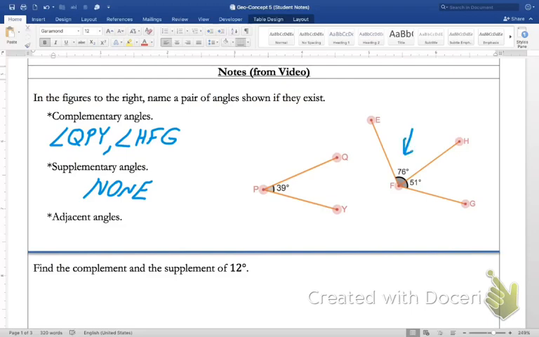And these two angles, the 76 and 51, are adjacent because they share FH and they share vertex F. So we can go ahead and name those two angles. Those angles are, again, angle EFH and angle HFG.